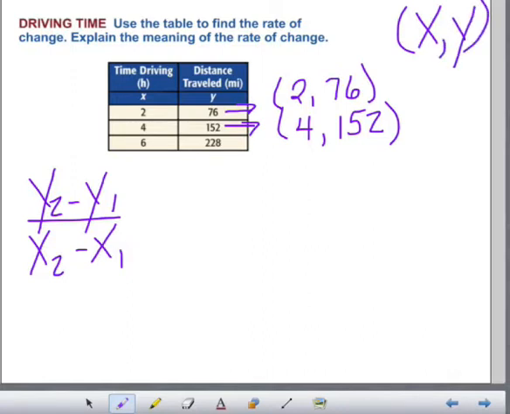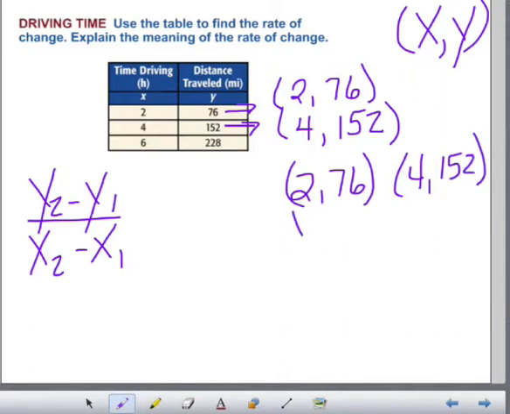So if I have this ordered pair, 2, 76, I could say that this is x2, and if that's x2, this has to be y2, and this is x1, y1.